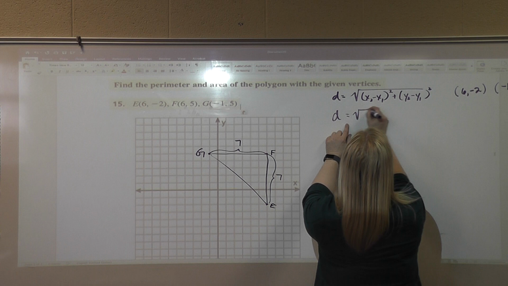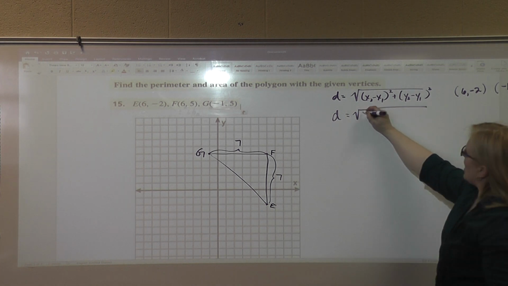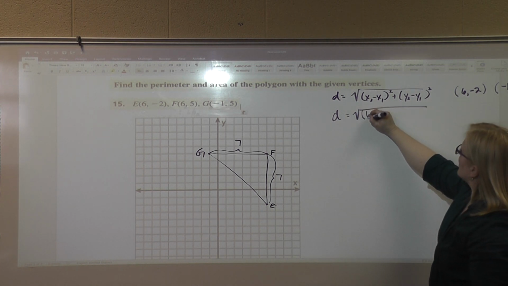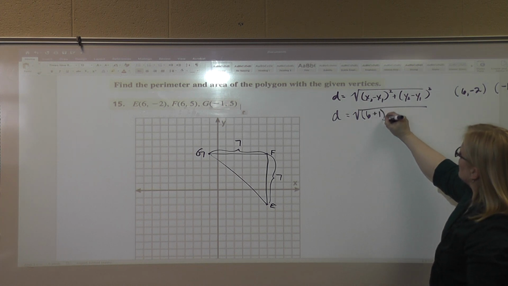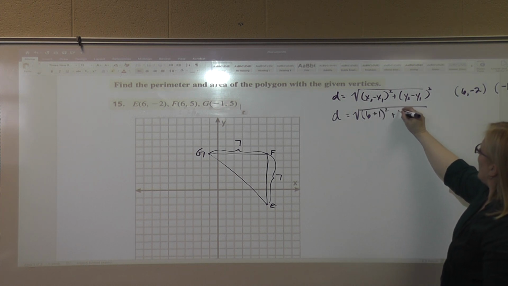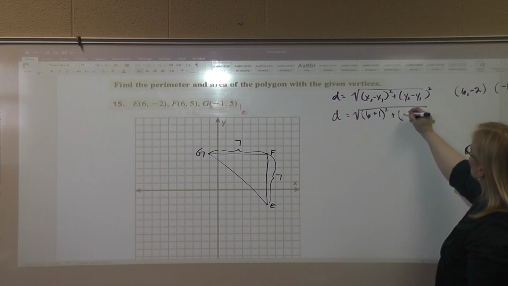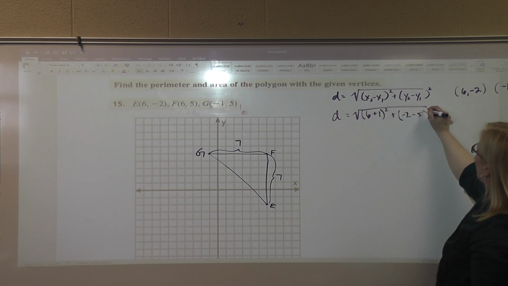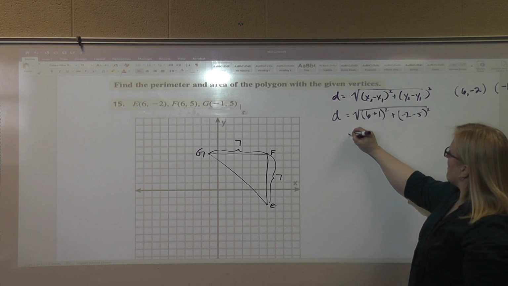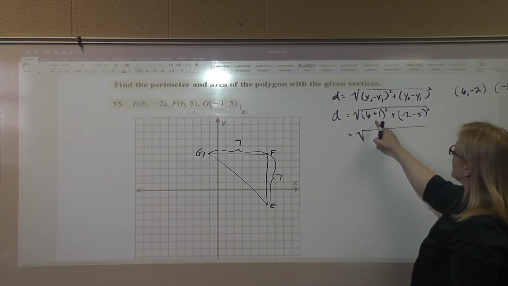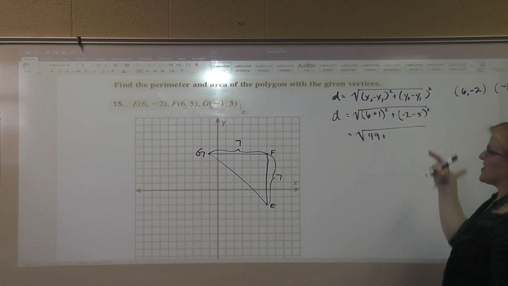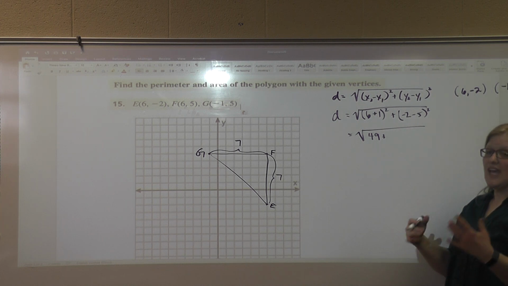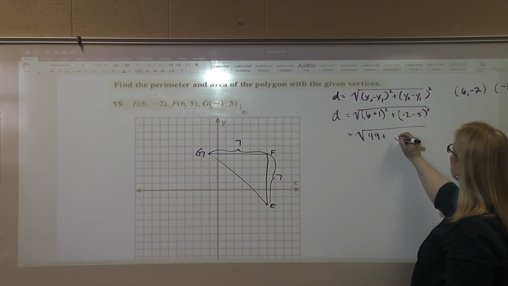So, right here, I've got 6 minus -1, which makes that positive, squared, plus -2 minus 5 squared. So this is 7 squared is 49, plus -2 minus 5 is -7. -7 squared is 49.